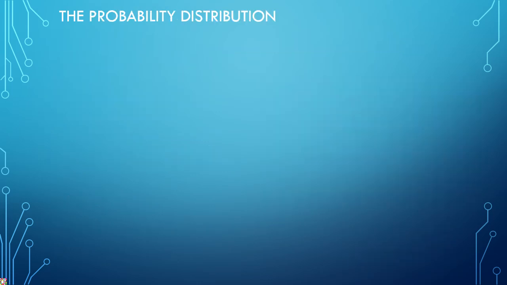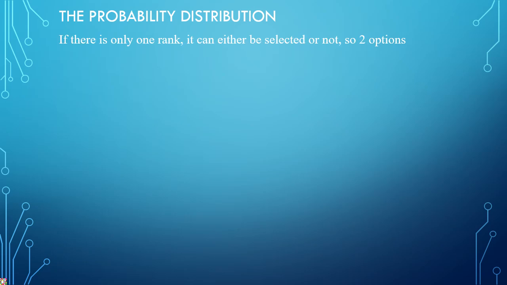We're usually not so much interested in the counts themselves, but actually use those counts to determine the probability. So for that, we need to divide by the total of all the counts. If we only have one rank, then it can either be used or not. So that's a sum of 0 or 1. So we only have 2 options.